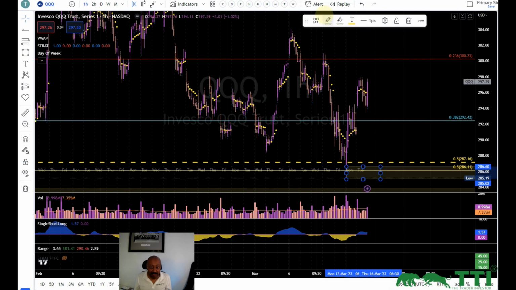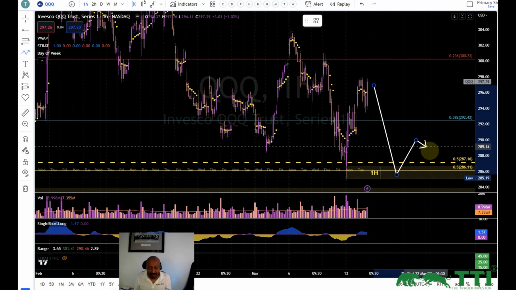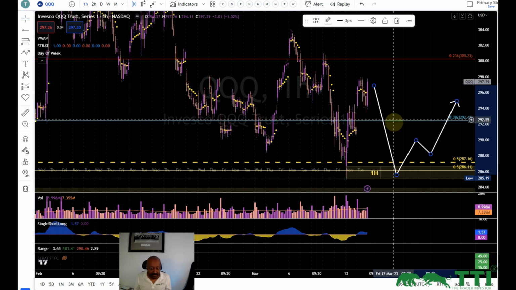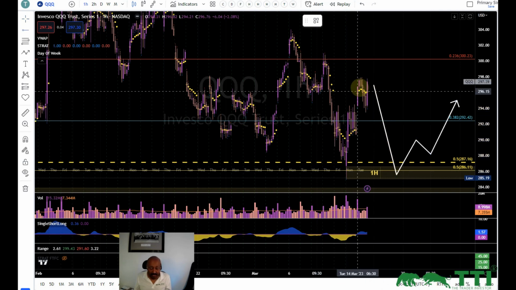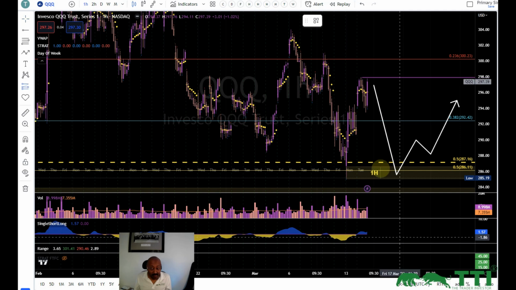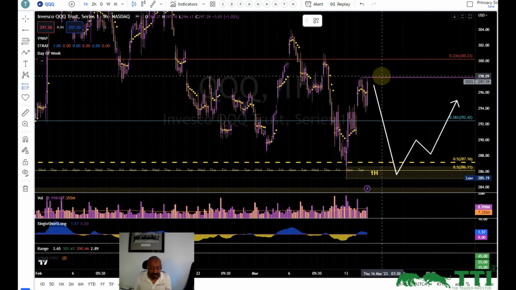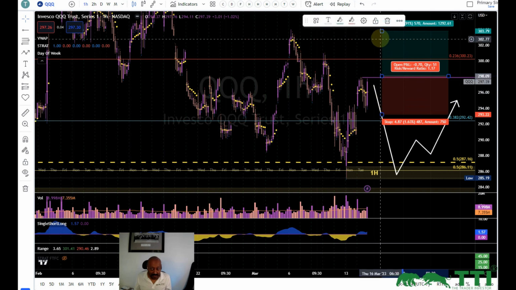You have your demand zone here, and so if price comes down here, you take that trade. If price breaks above here, you take the trade. Now this one is one I might not take. I'll tell you why. My stop is here.